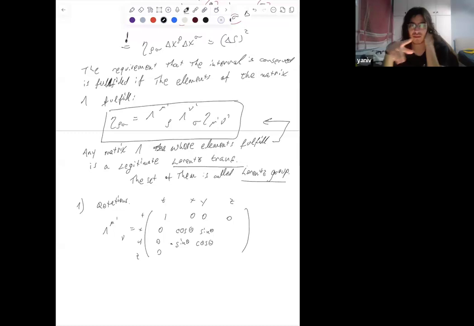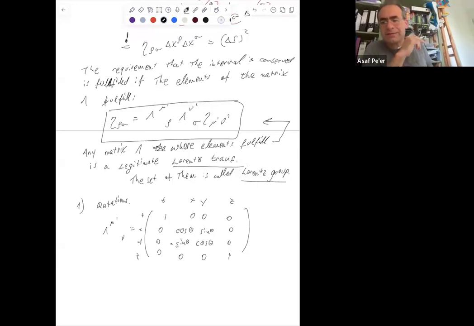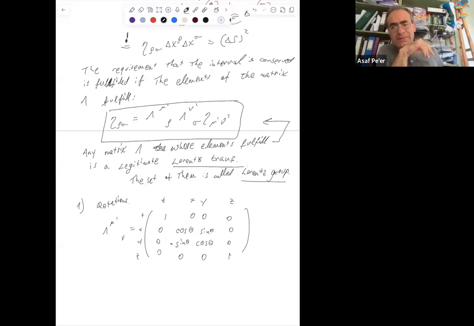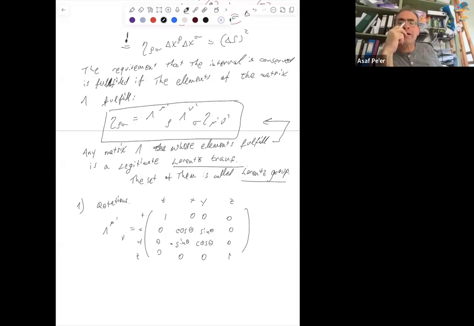And then the rest is 0 0, and the last column is 0 0 and 1. Exactly. You've all seen that. This is a rotation of the X and Y axes. And I argue that this rotation matrix is a legitimate Lorentz transformation.